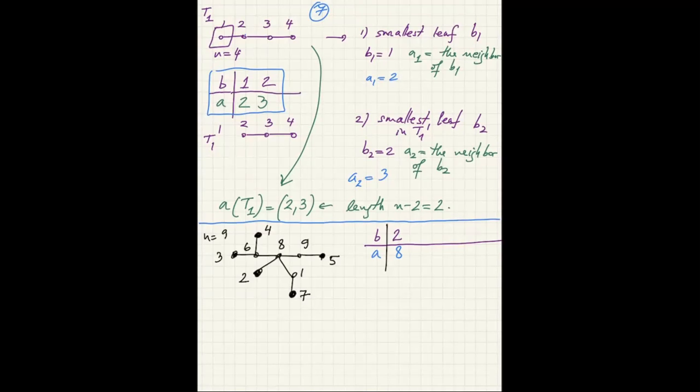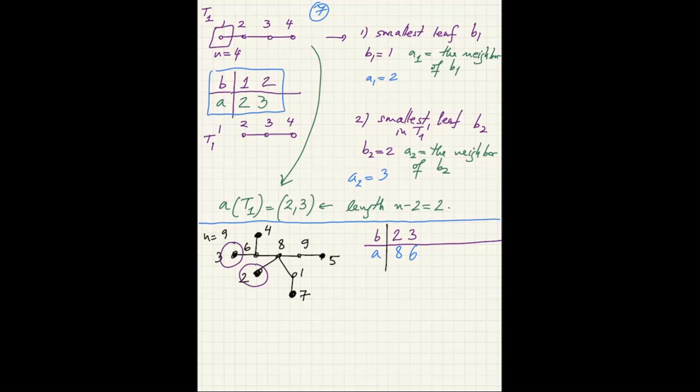Now after that, that 2 disappears. So you ignore 2 from now on. So I'll just put a purple over it. Now we do the same thing. The B2 will be the smallest leaf in the remaining tree, and that one is 3. And so that is this one here. And what is A2? That's going to be 6.